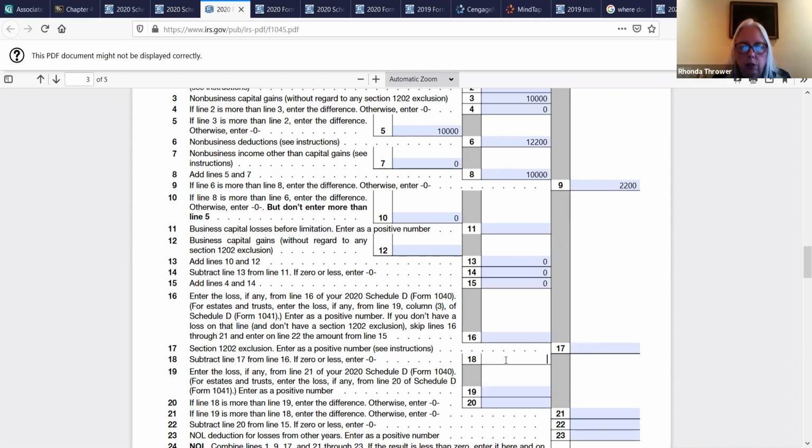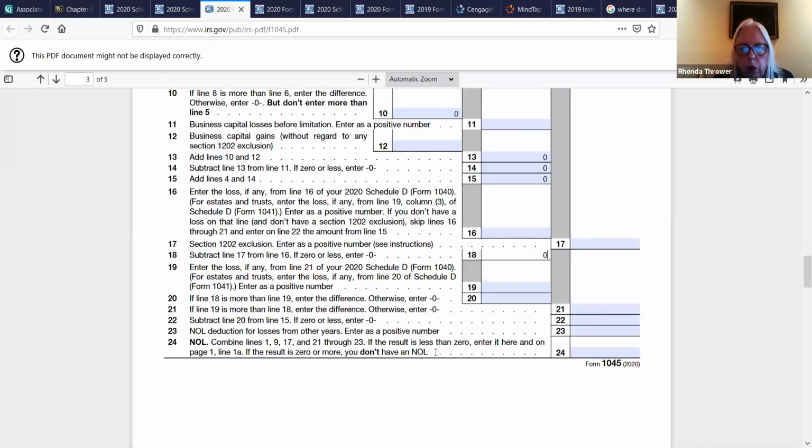And then this is another subtract 17 from 16, which has to be 0. And you just keep moving through the forms, answer what's there. Line 20 is going to be 0. Line 21 is 0. Line 22 is 0. So just answer the questions that they're asking you.